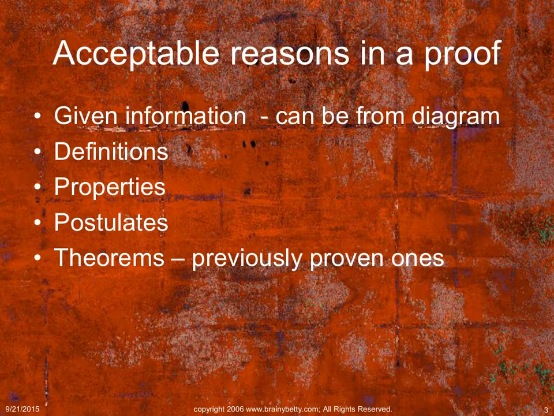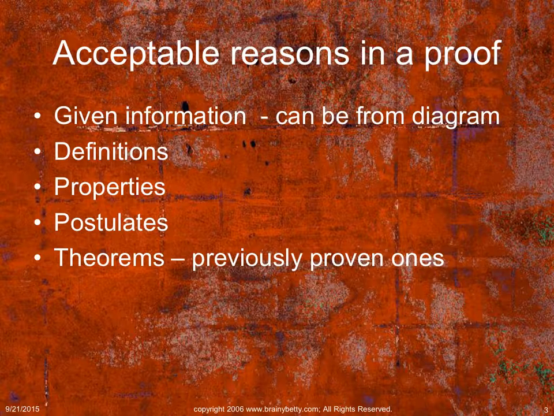Then you've got all the different definitions you've learned up to this point, all of the properties, all of the postulates, and all of the theorems that we've covered up to this point, and we're going to continue to learn more. So that's the stuff you can write on the right side.